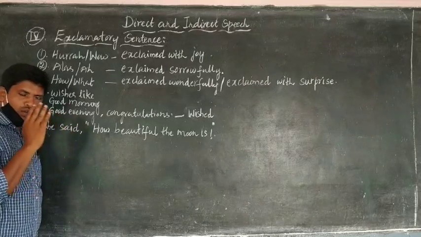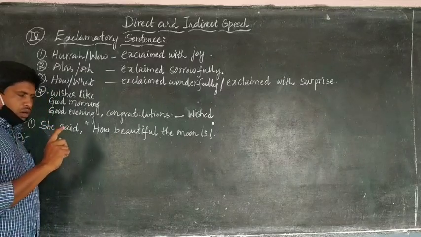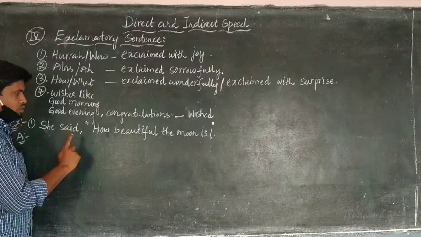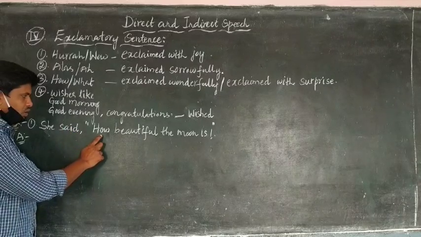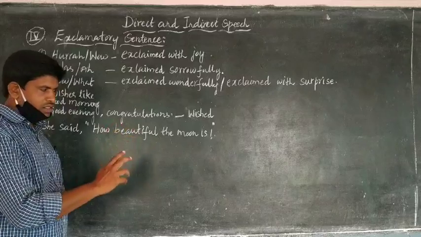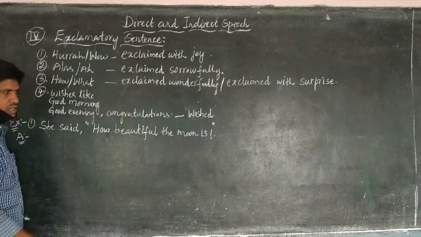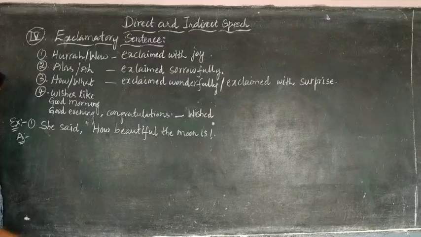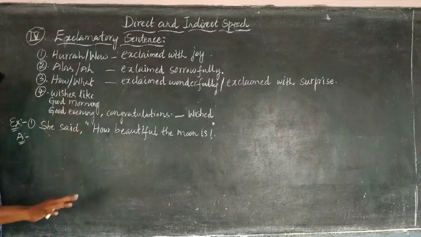Third one, we have to write the suitable pronoun and suitable connecting word. Afterwards, changing the tense. Next, the last point is whether there are any adverbs of time or indication words. Then you must change. Total 6 steps.